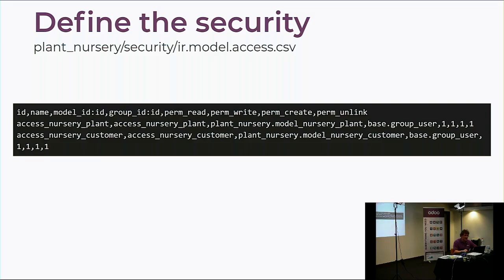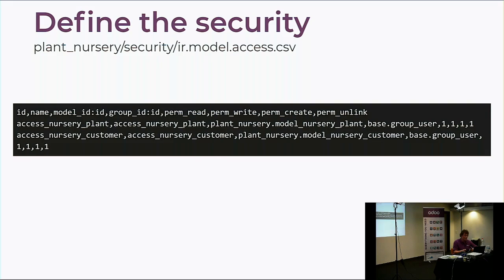Now that we have defined the models, we should also define security access rules. Remember that if you don't do it, you will never be able to access your documents because you didn't allow users to access them. According to the coding guidelines, model access rules are always defined in CSV files and imported in the manifest.